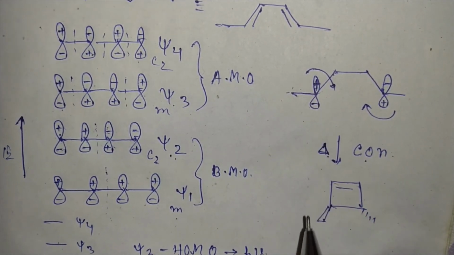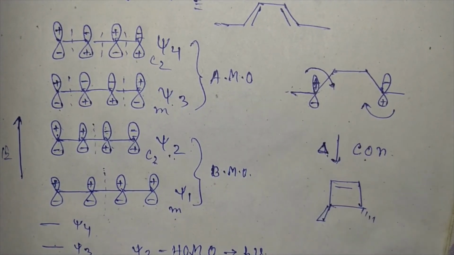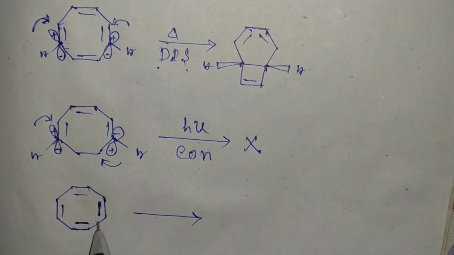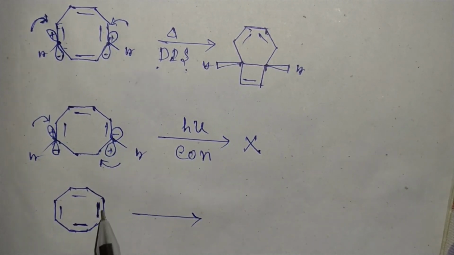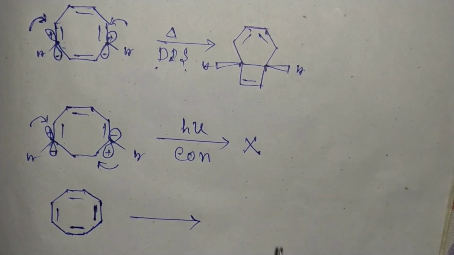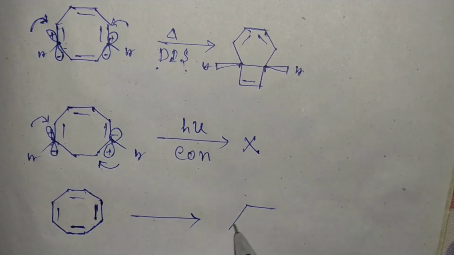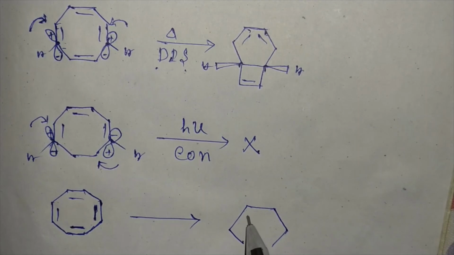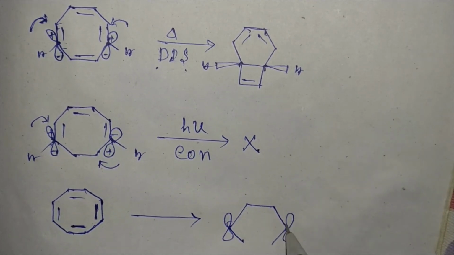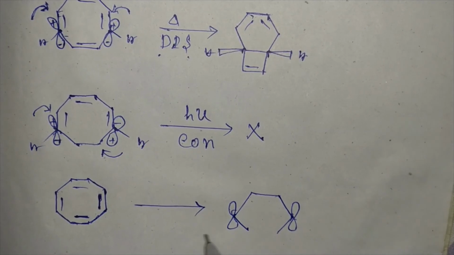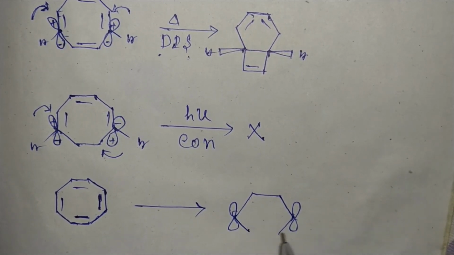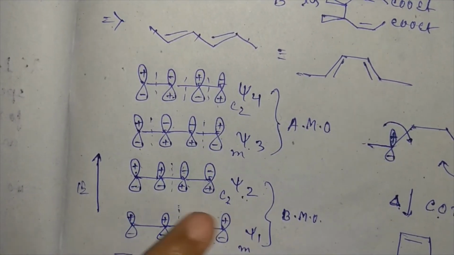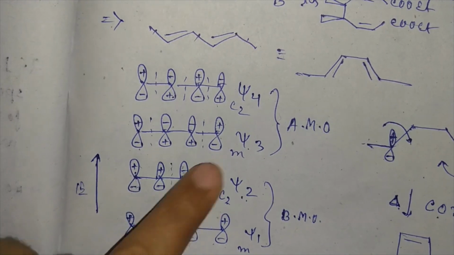This is actually trans geometry, and here we have cis geometry, because this double bond has cis geometry and this double bond also has cis geometry. So for cis geometry, if we see in thermal condition, then psi 2 has C2 symmetry, that is plus minus minus plus.